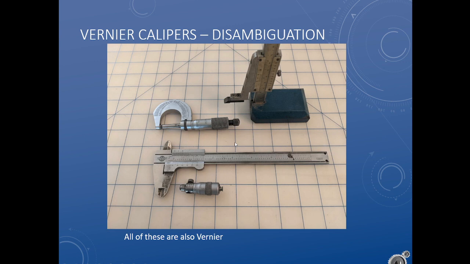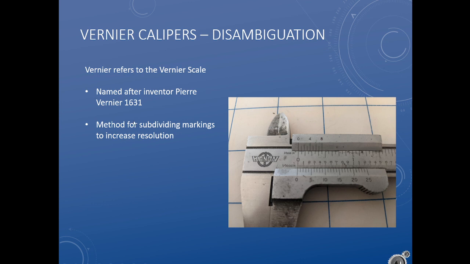To make things even more complicated, these are all vernier. Despite the fact that most of the time if you ask somebody in a shop for calipers, they will hand you these, and if you ask for verniers, they will hand you a set of these, that is kind of wrong. So these are calipers, and the vernier part of them is the scale.